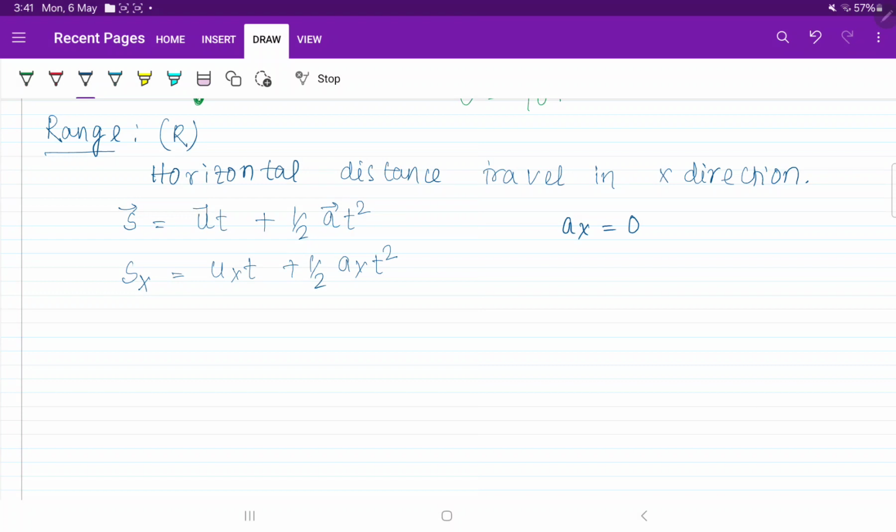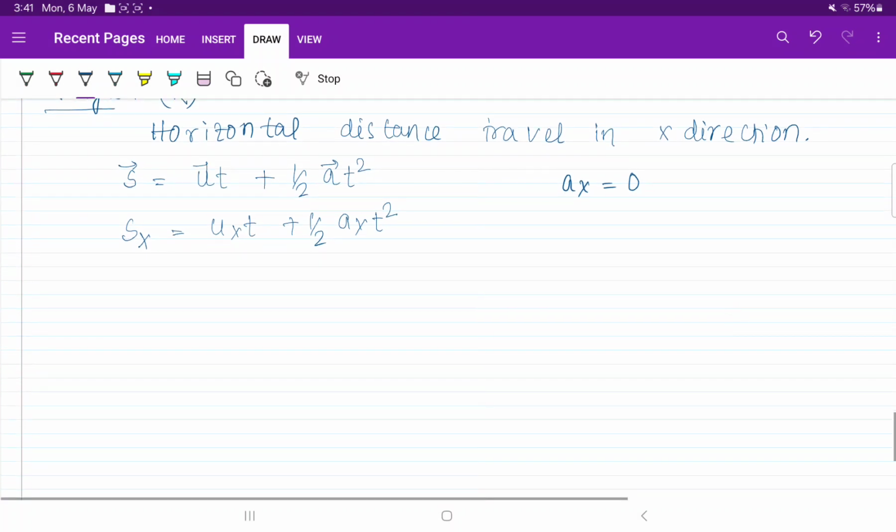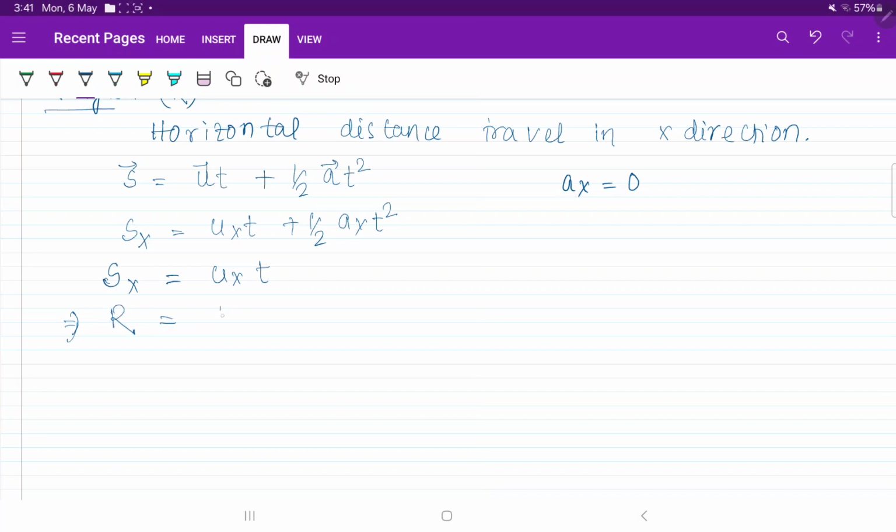Actually the acceleration is taking place due to the earth's gravitational force, or acceleration due to gravity, only in the y direction. So this expression can be reduced to ux into t. So sx means the distance covered in the x-axis, that is the range we have defined already, and ux is the x component of velocity, that is u cos theta, that is the initial velocity, and t will be the total time of flight to complete the journey.